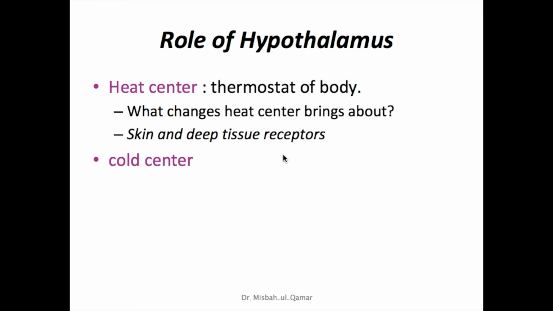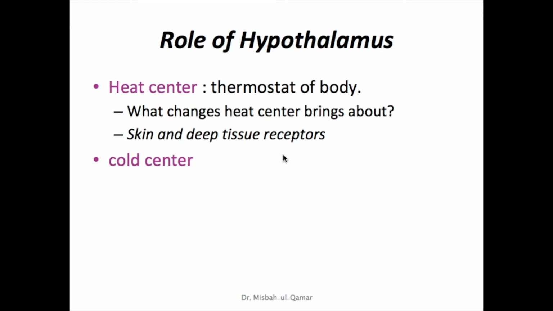Now, there is another question: how do our skin and deep tissue receptors play their role in hypothalamic thermoregulation? You should know that skin contains 10 times more cold receptors as compared to warmth receptors.